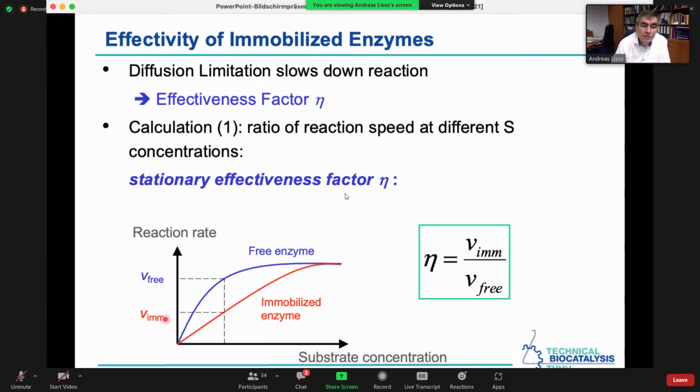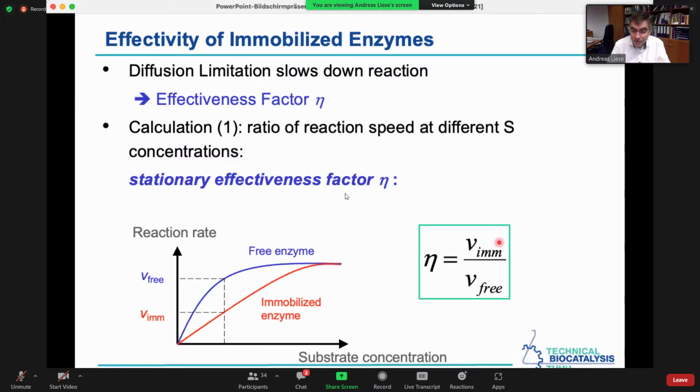It is comparing the rate at one defined substrate concentration between immobilized and non-immobilized enzyme, the ratio between the rate of the immobilized enzyme to the free one. That is the stationary effectiveness factor.